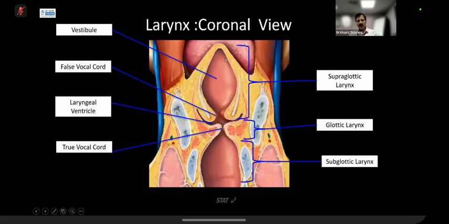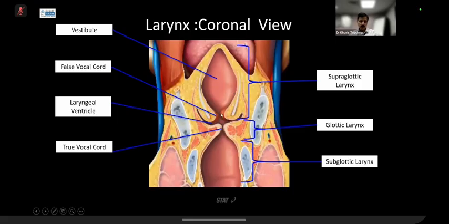Superior to that is the supraglottic, and inferior to that is the subglottic or infraglottic larynx. There can be tumors sitting at the glottic level, tumors sitting at two levels, and there can be transglottic tumors which involve all of them. On this diagram, you have to learn some more vocabulary. And after this, I'll give you a break.